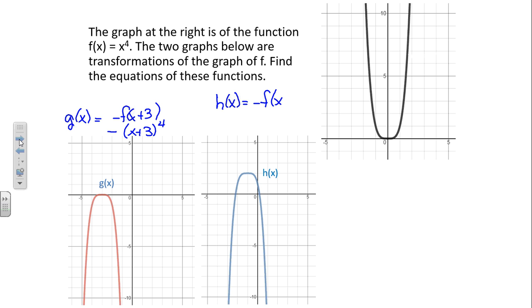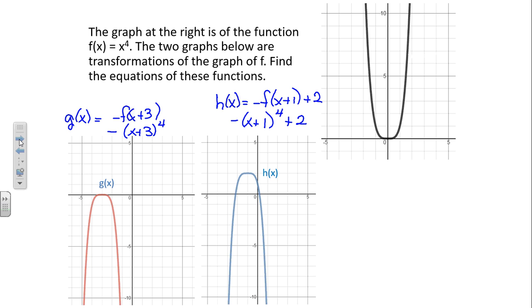And what do we do? Left 1, so plus 1 and up 2, so plus 2. And if you want to write it as negative x plus 1 to the 4 plus 2, that's good too. Okay? Be familiar, comfortable with both.